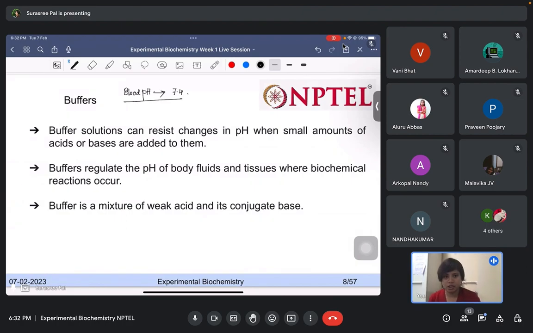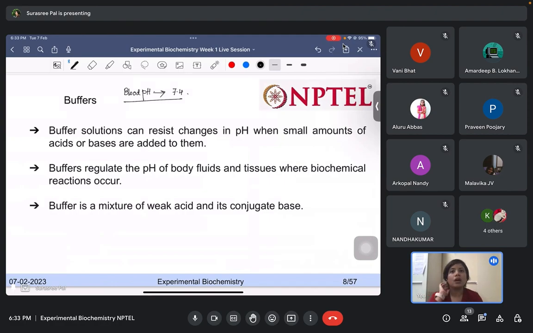So all the reactions which are carried out in this blood or in our tissue fluids are carried out in this particular pH. But that is also not always true, because you know that in the digestive system there are many enzymes which work in low pH or alkaline, in acidic pH or alkaline pH.